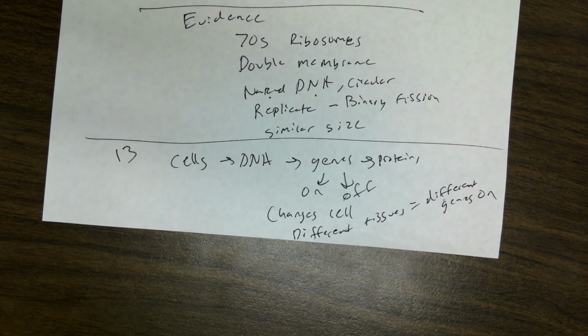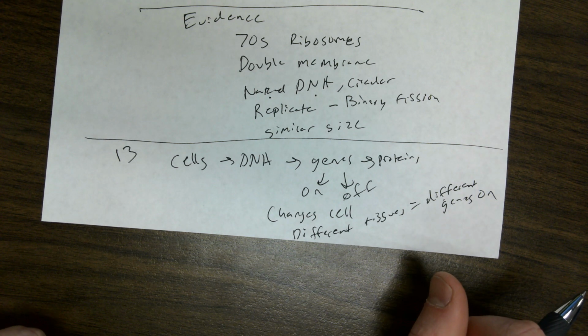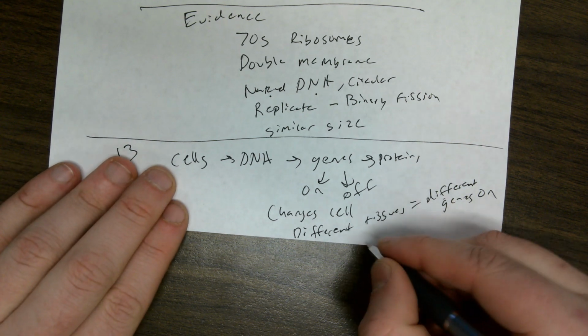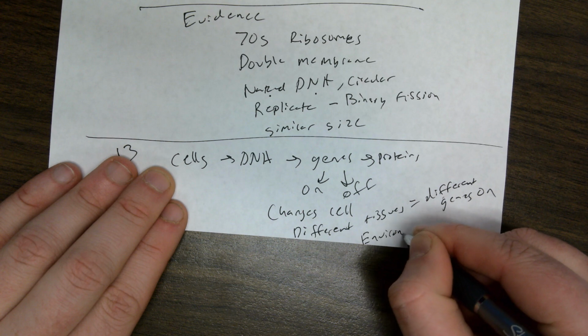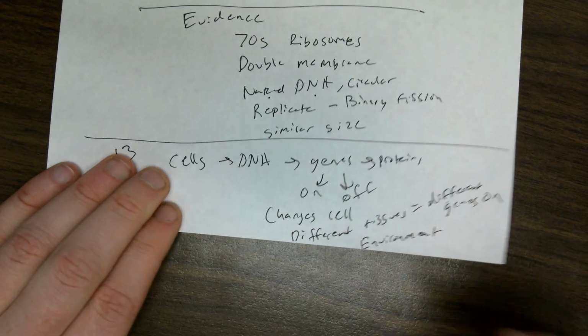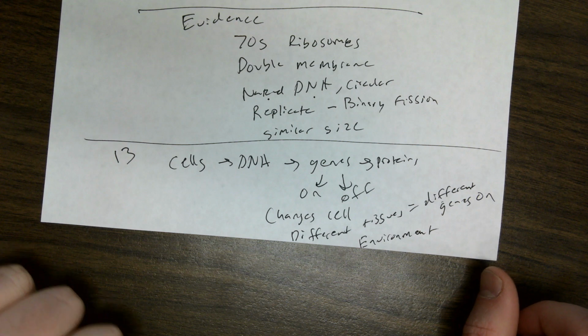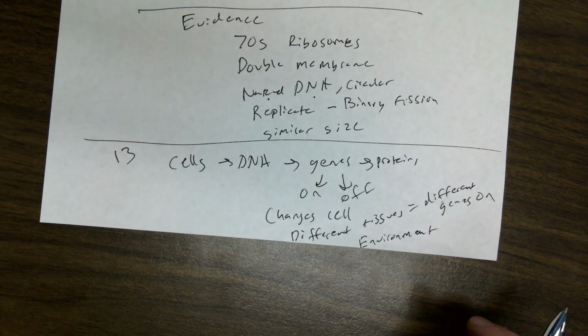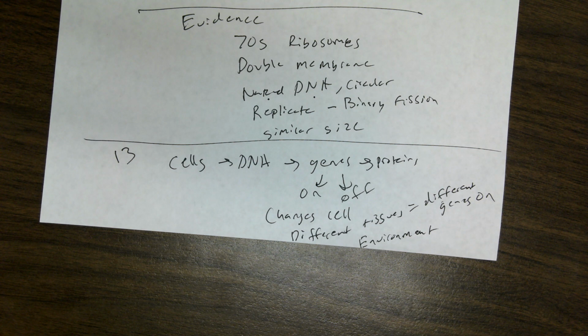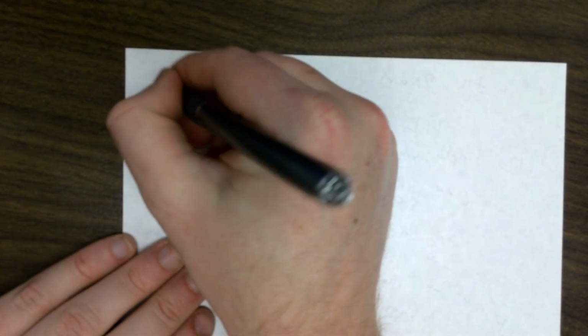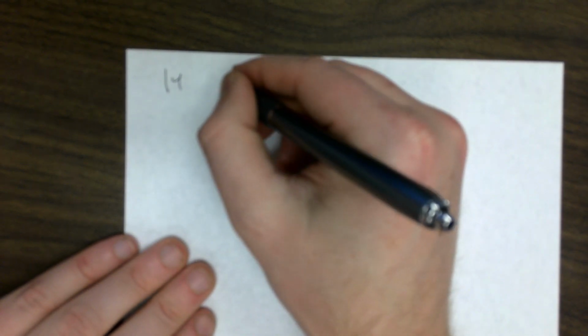Notice it's not saying there are different genes. Every cell has every gene except for the red blood cells. But it can be changed by the environment, and by the environment, we mean your environment as well as the cell environment. As the tissue is developing in the embryo, the different cellular environment, the extracellular matrix, can turn genes on or off. There's a whole section on that, so we'll cover that more later.